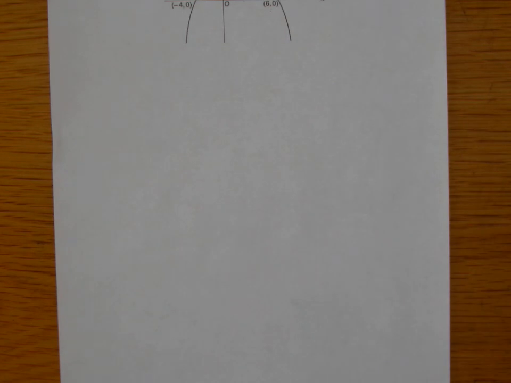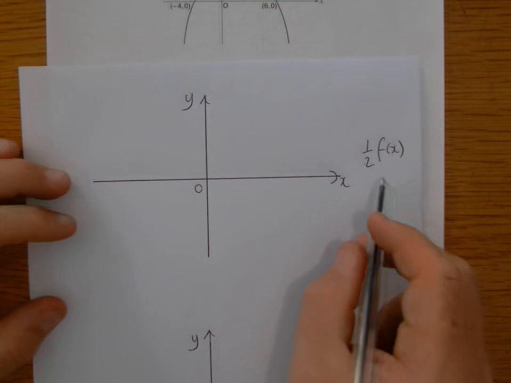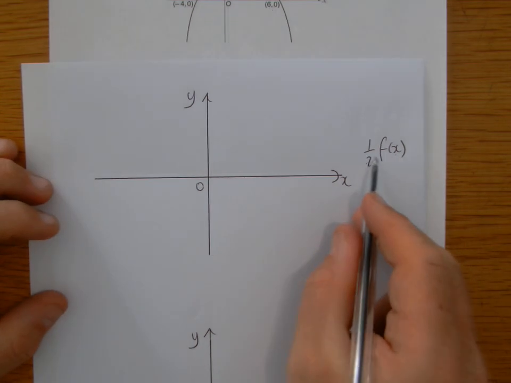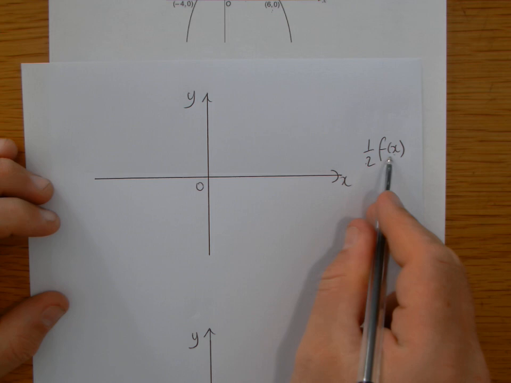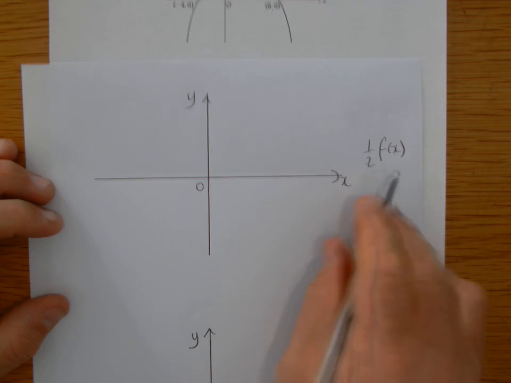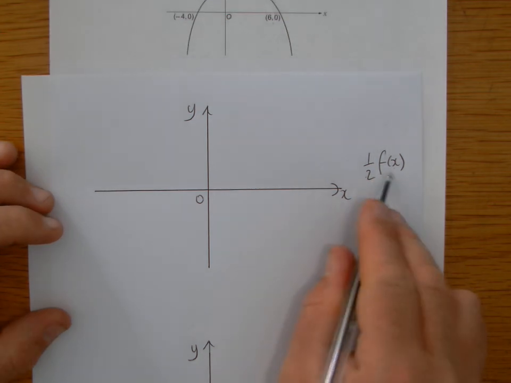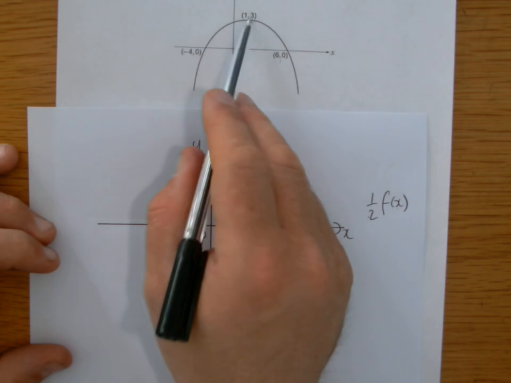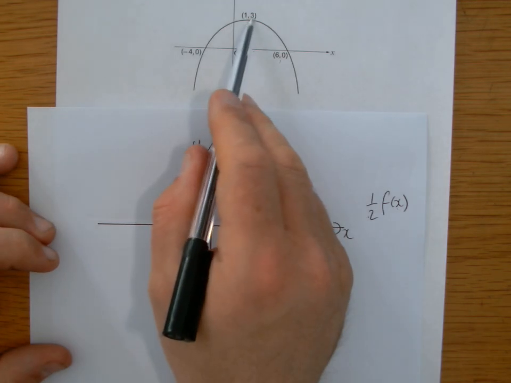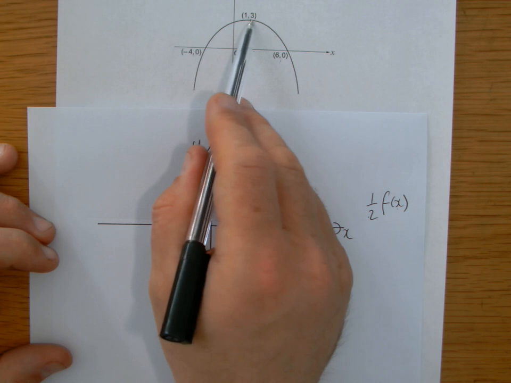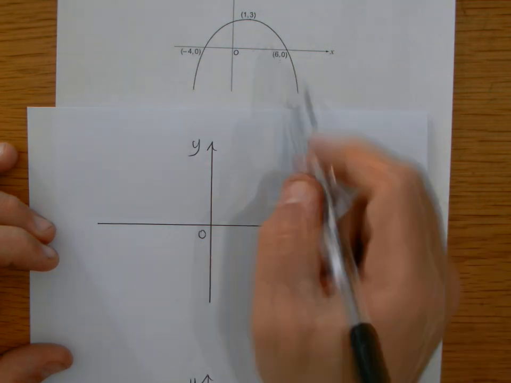Okay, one more. If you've got a multiplier outside the f of x, so in this case you're timesing the f of x by half. Remember, f of x is the y values, so you're halving the y values. So if that's a 3, then you've got to times it by a half, so it'll be 3 over 2.